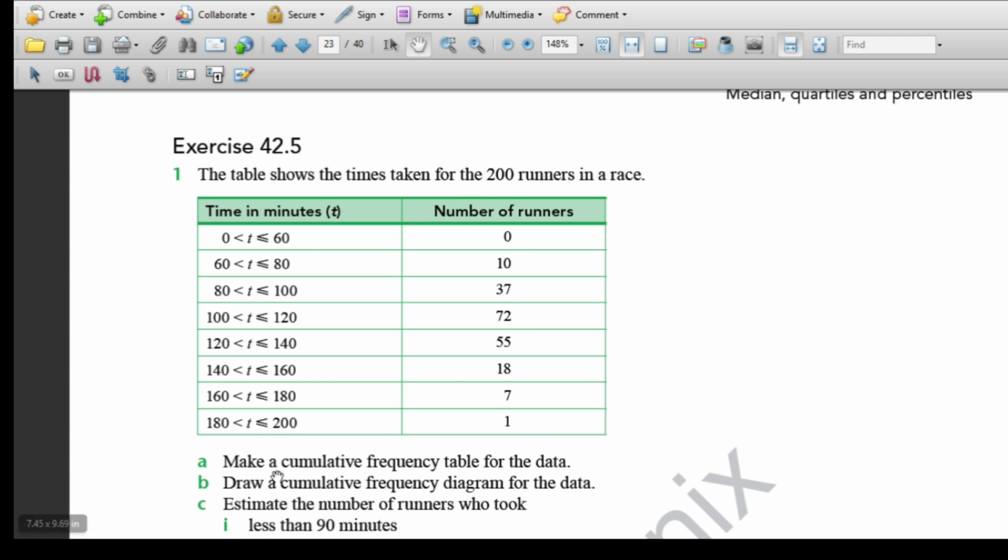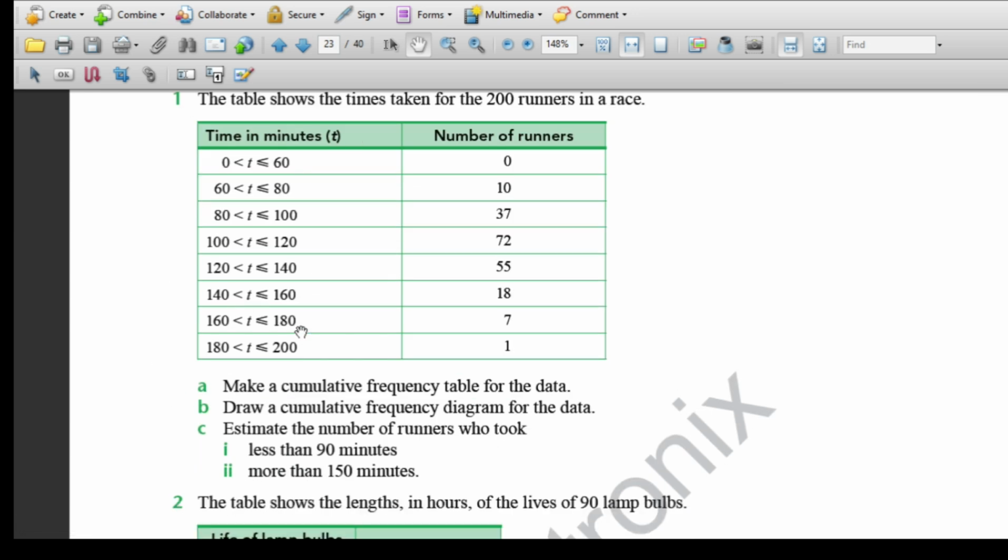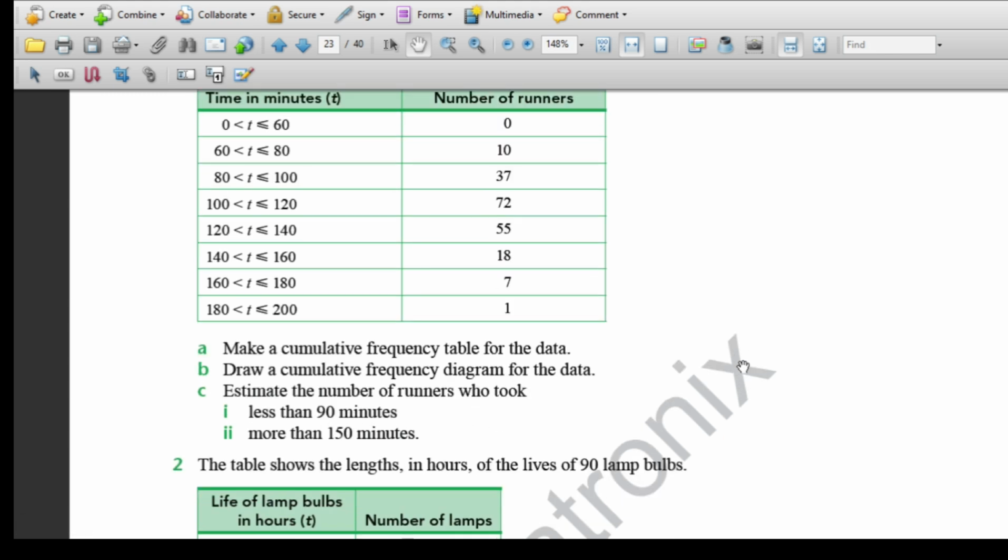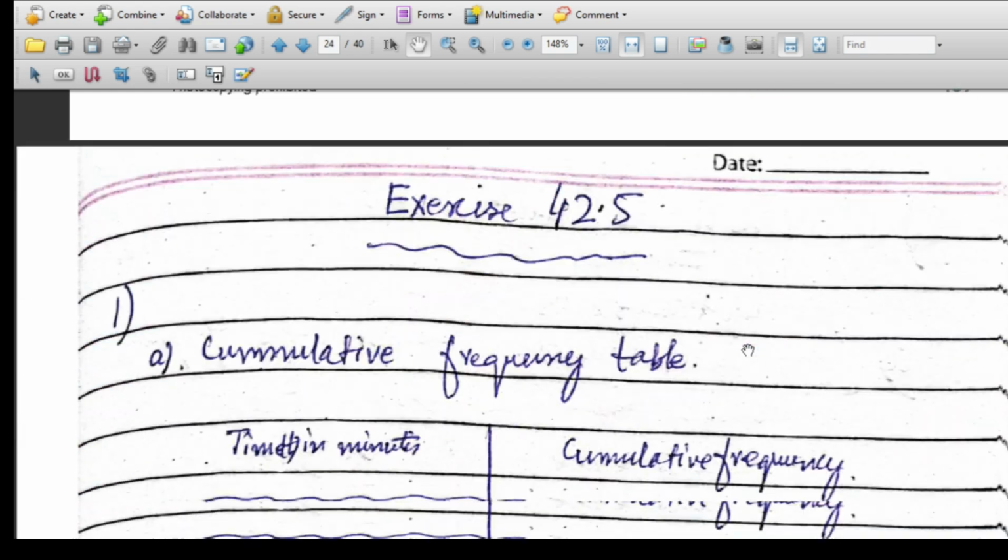We have to make a cumulative frequency table from this table and draw a cumulative frequency diagram. After that we will estimate the number of runners taking less than 90 minutes and more than 150 minutes. So let's solve question number 1.